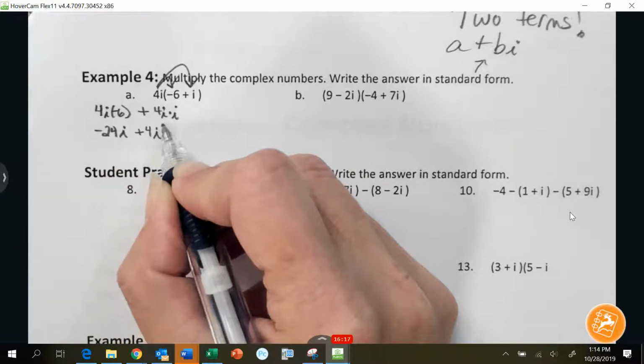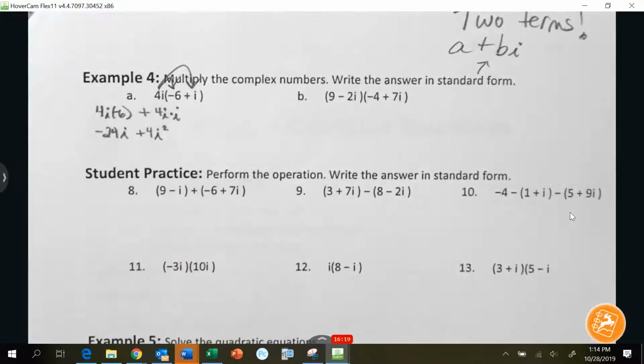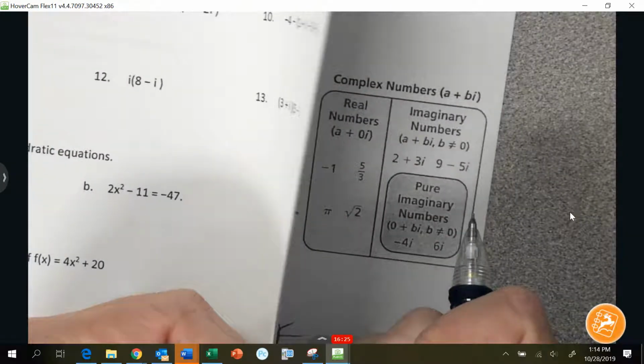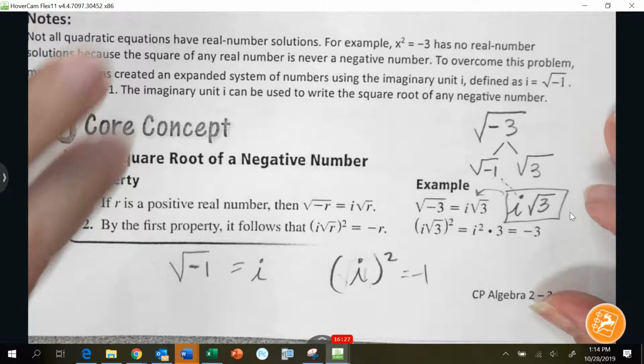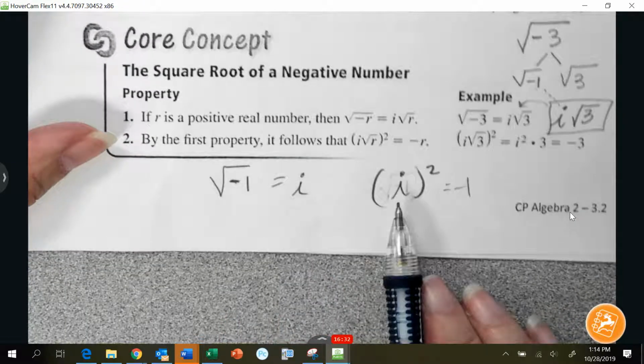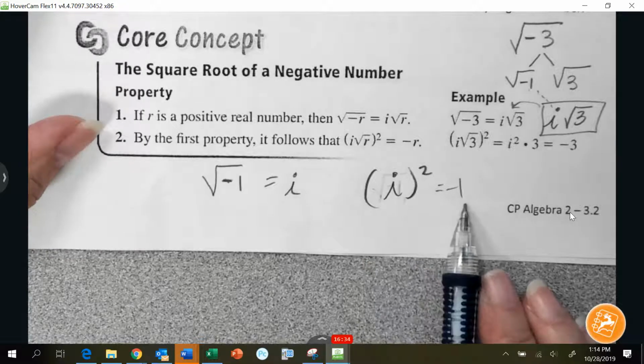Now here's the tricky part. 4i squared. On the front page, there was this other thing. When I told you the square root of negative 1 is i, I also told you that i squared equals negative 1.